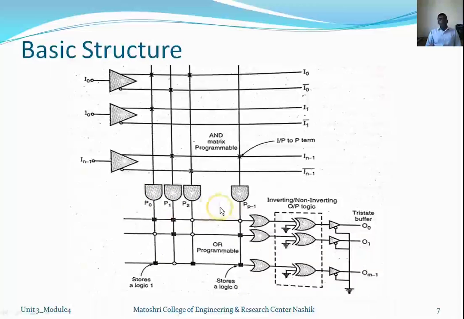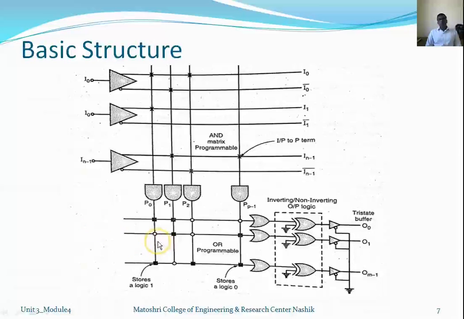A number of AND logic gates are connected here, and 8 input lines are available as inputs for these AND gates. The AND gates perform the AND operations on the inverted and non-inverted variables and produce the output, which is indicated by the solid square as well as the hollow circle.